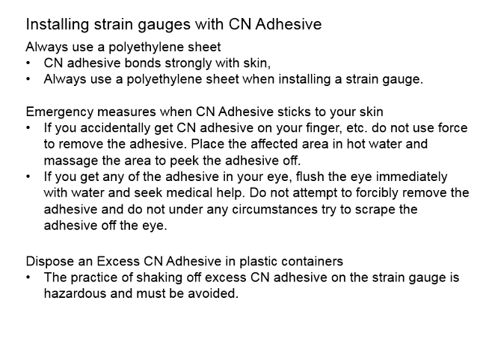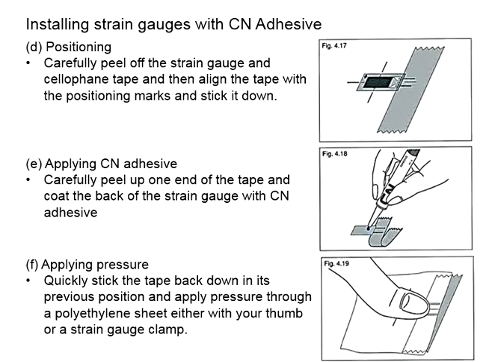In order to prevent direct contact with your skin, you should use these polyethylene sheets properly. Sometimes you are quite careful that you do not have contact with CN adhesive during installation of the strain gauge, or even when you are inducing pressure onto the installed strain gauge.